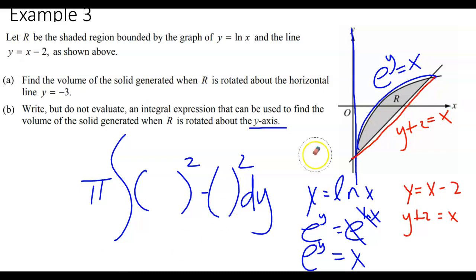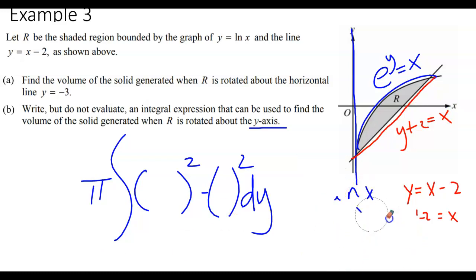Okay, so there's my first hurdle I need to get over there. Now the next thing is we need to figure out what my big radius is and what my little radius is. So my big radius is what's going to go here first. Now the big radius is the function that's farthest away from the axis. So you guys tell me, which line in general is closer to the vertical axis?